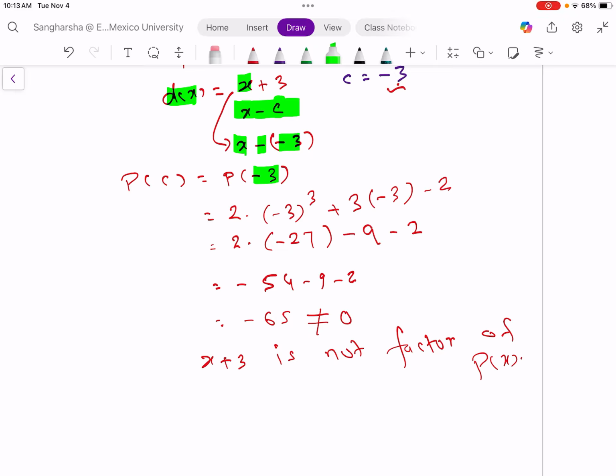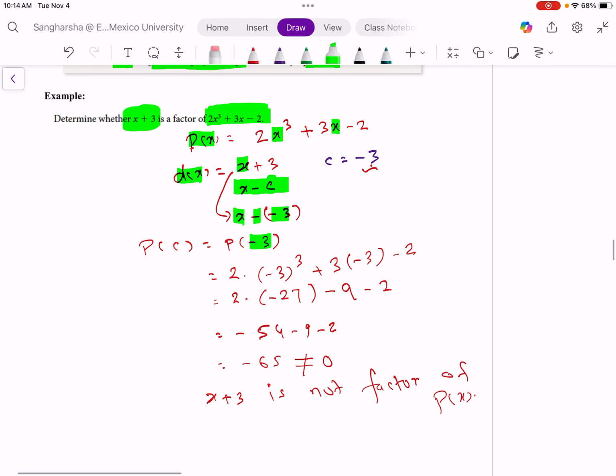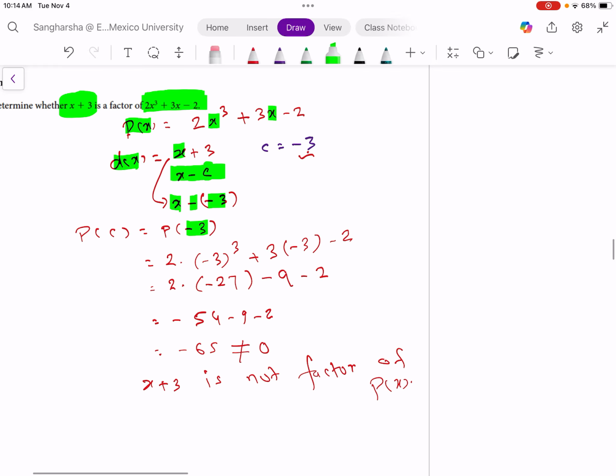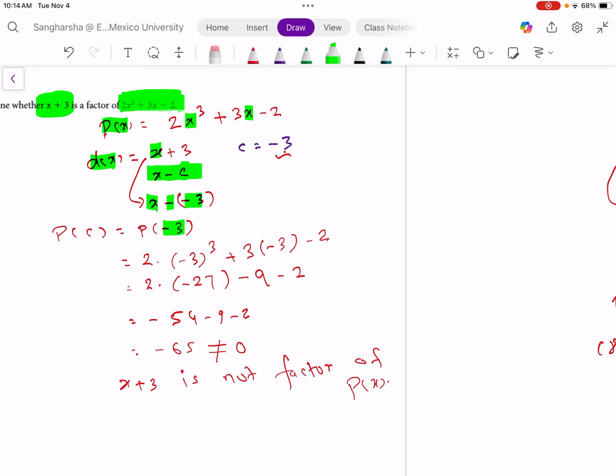We do have a very similar example on our review handout, like number 4 and number 3. So this is one way. Or if you want to use long division, so let's use long division. Let's divide this polynomial.